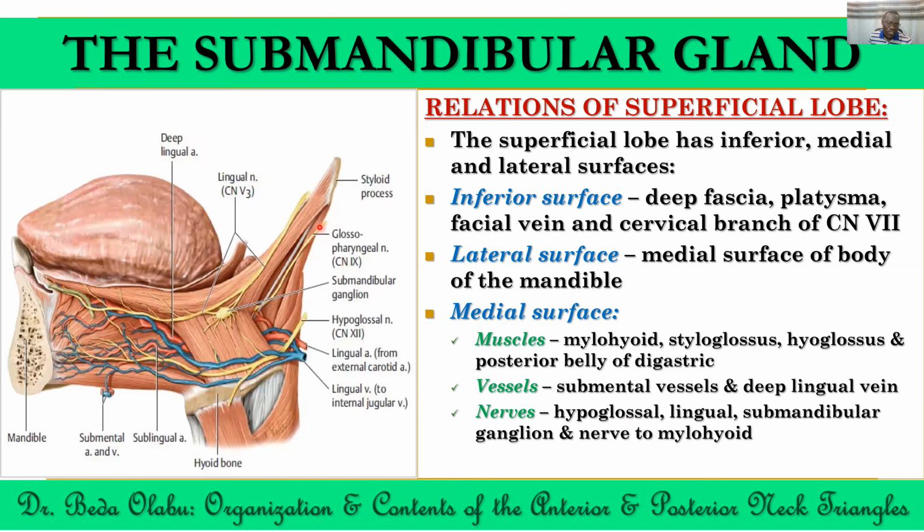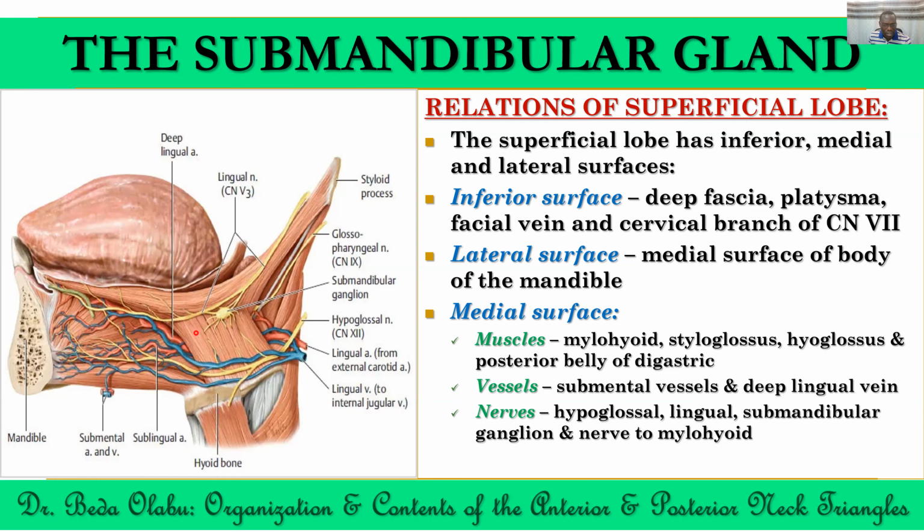This image captures for you the lingual nerve coming down and having the submandibular ganglion. It also captures for you the styloglossal muscle that we've just talked about as being a medial relation. So consider that the gland is somewhere here.